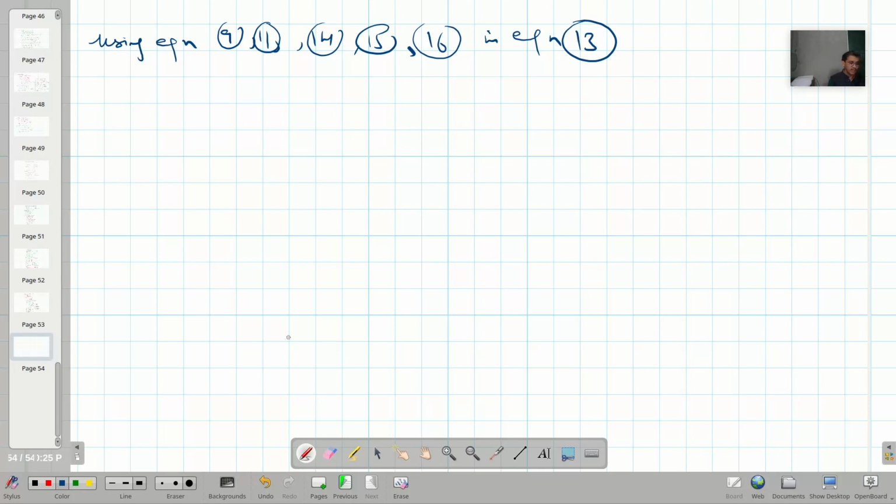We are getting that cos theta is equal to EA EC minus PA PC divided by this P prime.